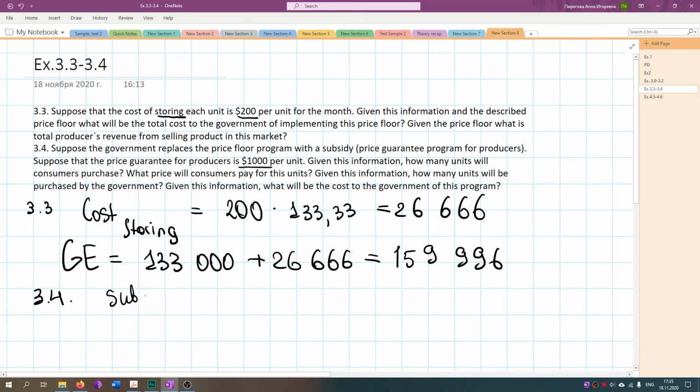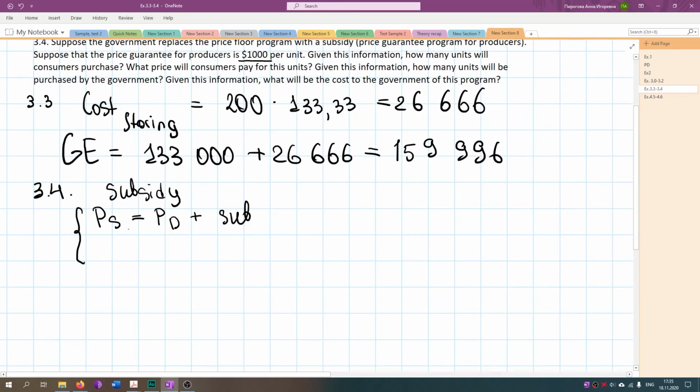So subsidy, and if the government will pay to producers, it will add the subsidy to the price, and the quantity demanded will stay equivalent to quantity supplied.